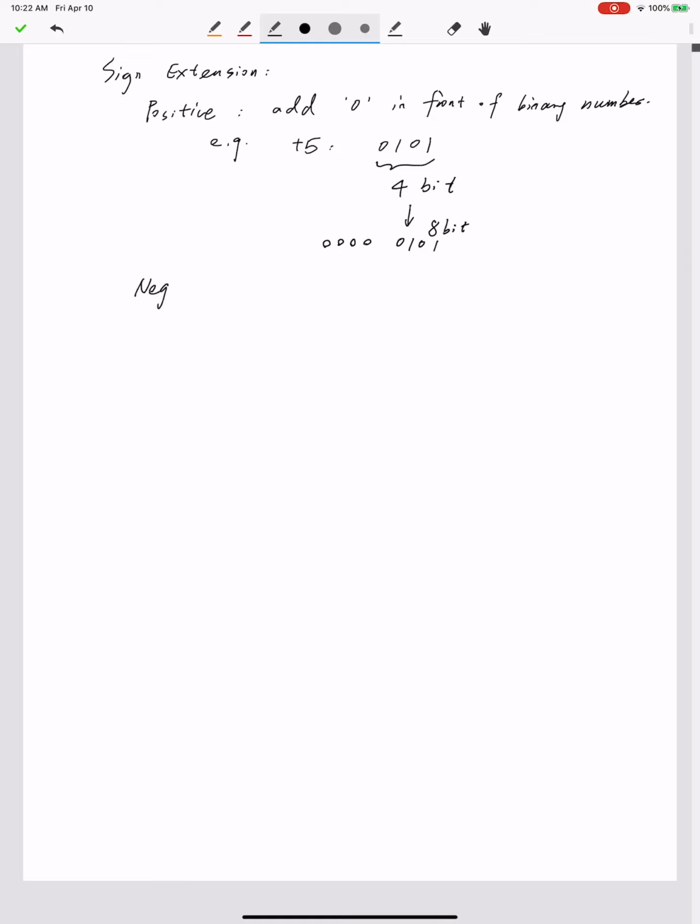For negative numbers, we add ones in front of the binary number, right? For instance, if we have minus 5, first you need to write what minus 5 is. So let's also review how to write a negative binary number.